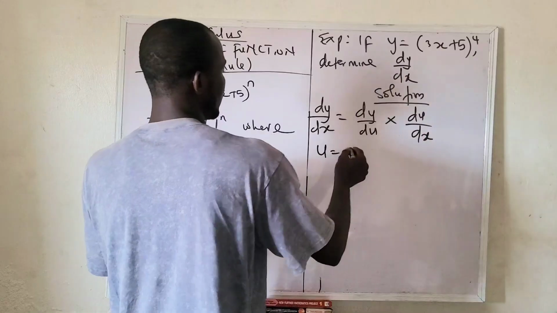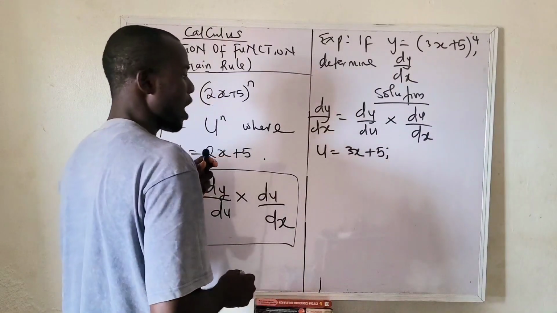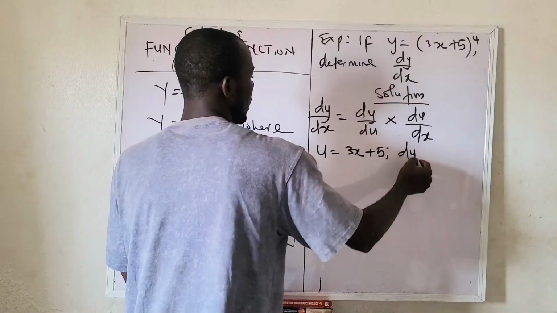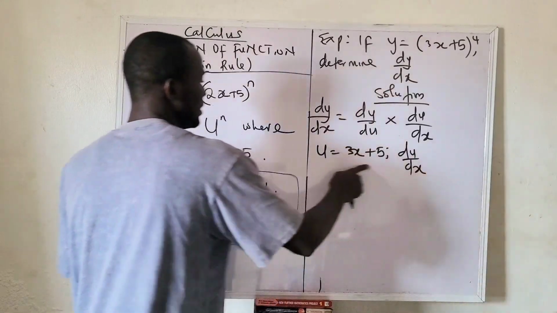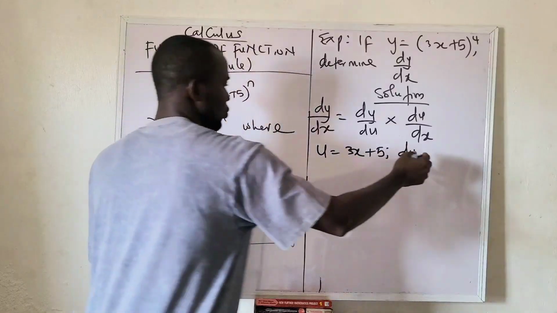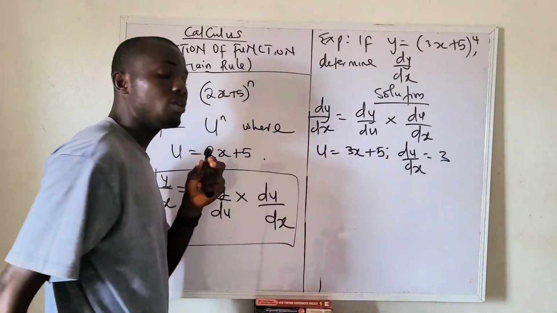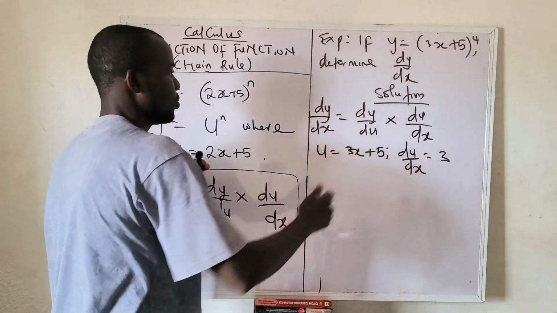Our u is 3x plus 5. And so our du over dx, that is the derivative of this with respect to x. If you derive 3x, you will have 3. However, the derivative of a constant is 0, so that is just 3.